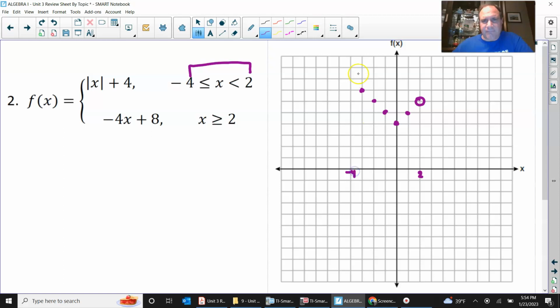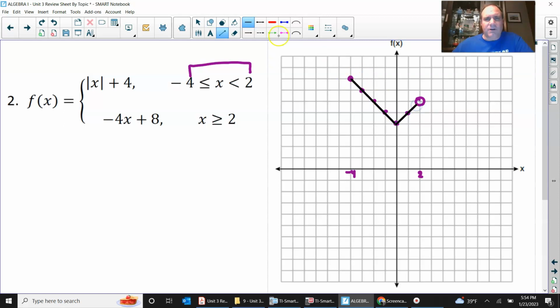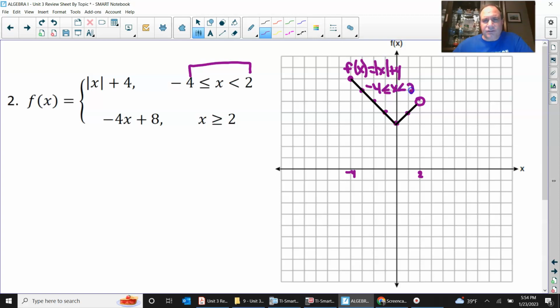Here's x of negative 4, and I'm going to put a closed circle, and then this is my piecewise function that I am showing here. So I'm going to put f of x equals absolute value of x plus 4, where x is greater than or equal to negative 4 and x is less than 2. So that's the piecewise function for that.